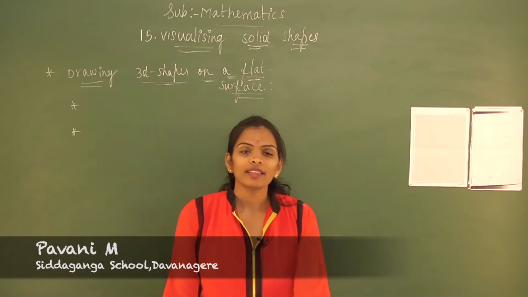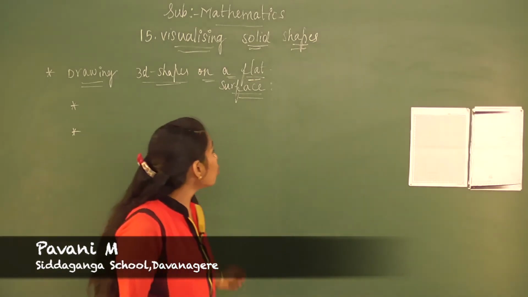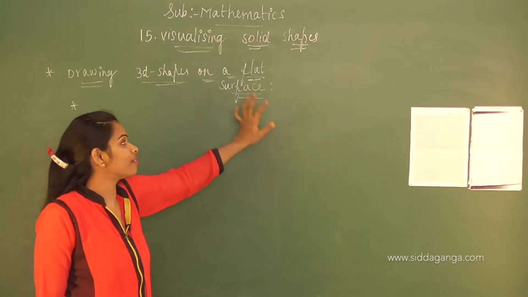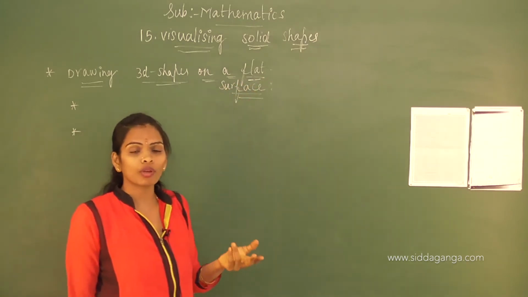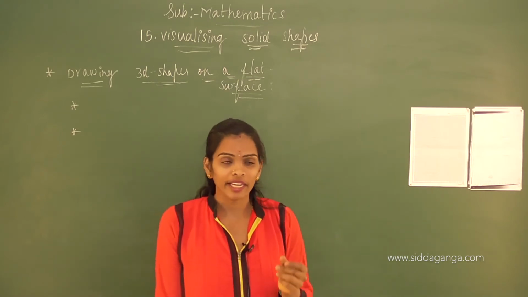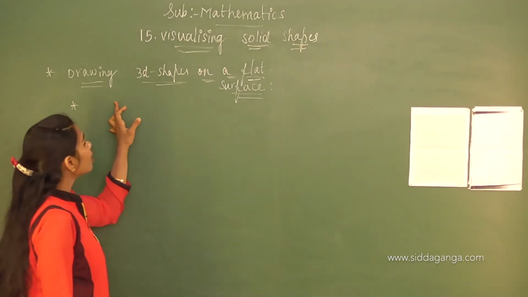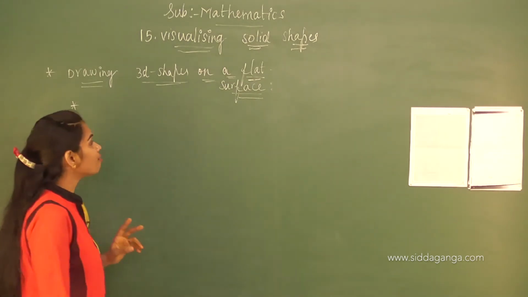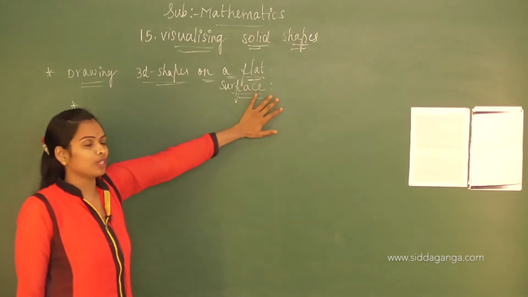Hello children, in this class we are going to learn how to represent 3D shapes on a flat surface. In our previous class we learned how to cut 3D shapes and get nets from them. There are two kinds of sketches to represent 3D shapes on a flat, two-dimensional surface.